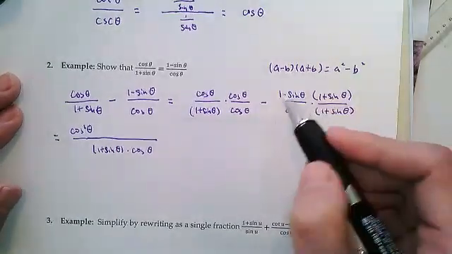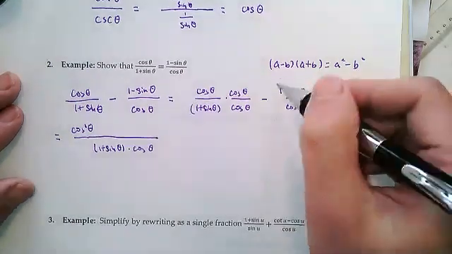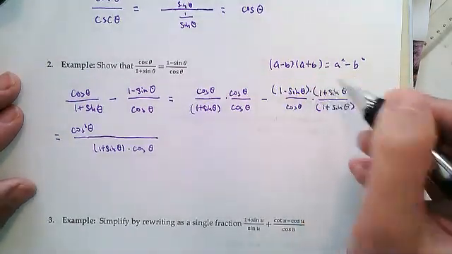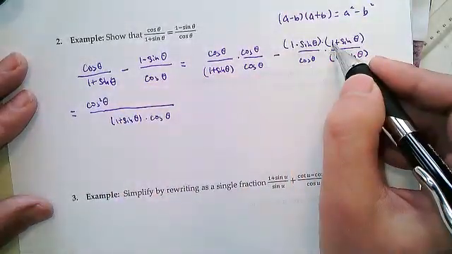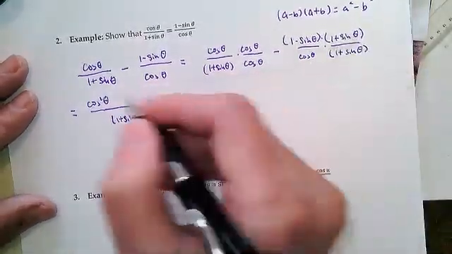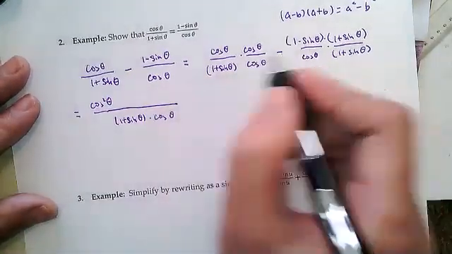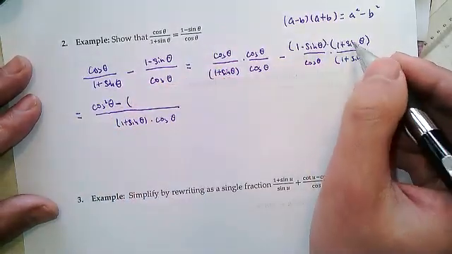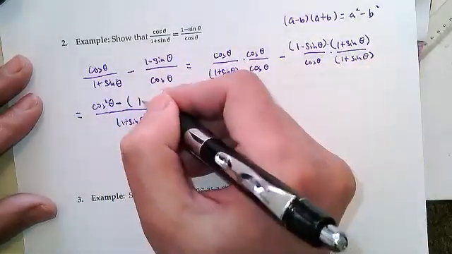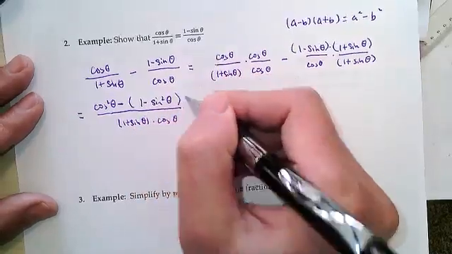Okay, so you can apply this formula here. 1 minus sine times 1 plus sine gives you 1 squared minus sine squared. And don't forget that you have a minus sign here, so I write the minus sign and keep everything here in terms of the process. So 1 minus sine squared theta.